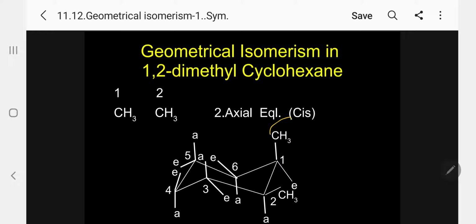The axial is a methyl, the equatorial is a methyl group. So this is axial, this is equatorial. In that case, it is cis. So axial, equatorial is cis because the methyl is above, this 2 methyl is also above. Above means cis direction, cis.